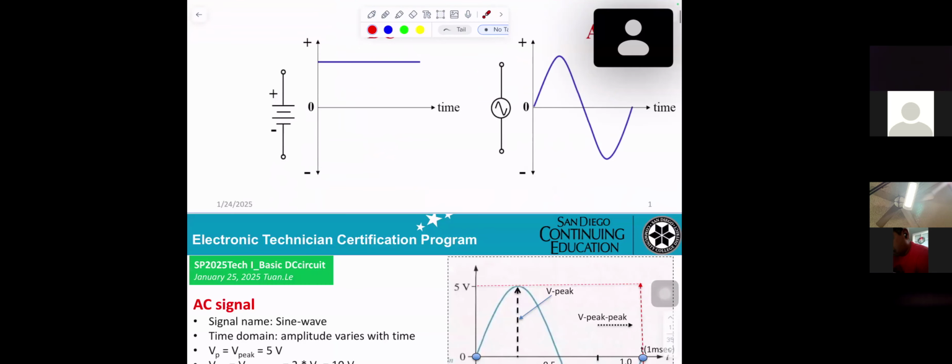So what I want you to understand is, when you see the signal displayed for direct current, they look like just a straight line. However, the AC will be a sine wave. Okay. Now, DC, we don't have anything to talk about, but the AC, that's a problem.